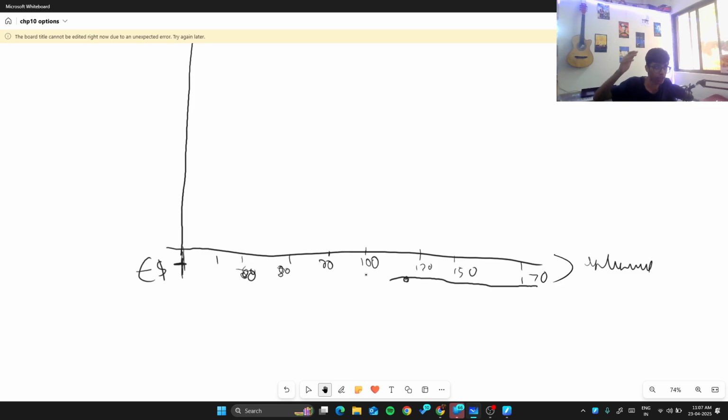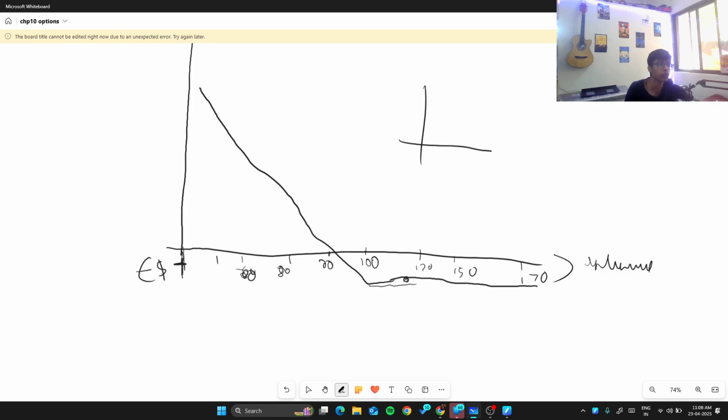If the market goes down, then our payoff will be like this. As price decreases, we earn more money, right? So let's see the cases.